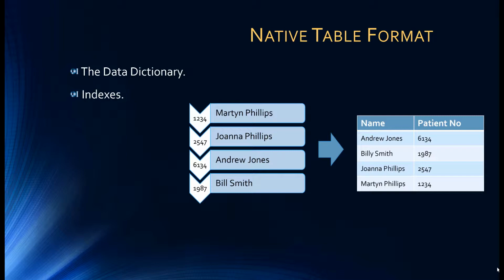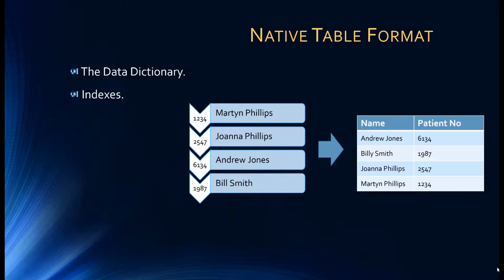If you haven't got the ID, then you can go straight to a value. So if we were to look for Phillips, then OpenInsight can very quickly grab all of the patient numbers for Phillips to give you an option, and then you can pick the one that you want. So rather than trawling through the whole of the table, we can just go straight to the Phillipses, grab that group, get the patient numbers, and return the data very quickly and easily.